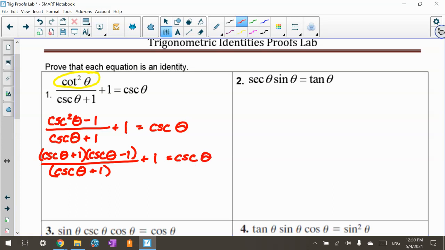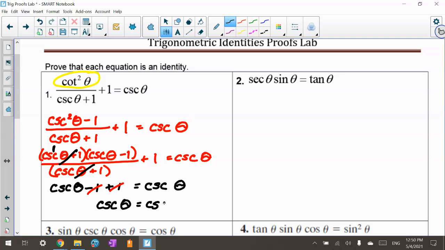So far, so good. And then I say, oh, wait a minute, these two can cancel out or divide out to make a 1. So now I have cosecant of theta minus 1 plus 1 equals cosecant theta. And then I say, oh, the negative 1 and the plus 1 cancel out. So I end up with cosecant of theta equaling cosecant of theta.